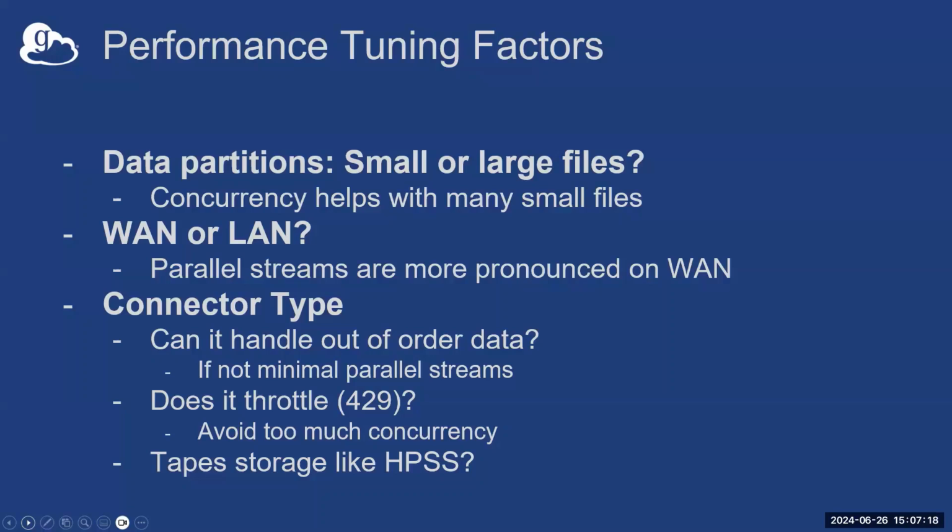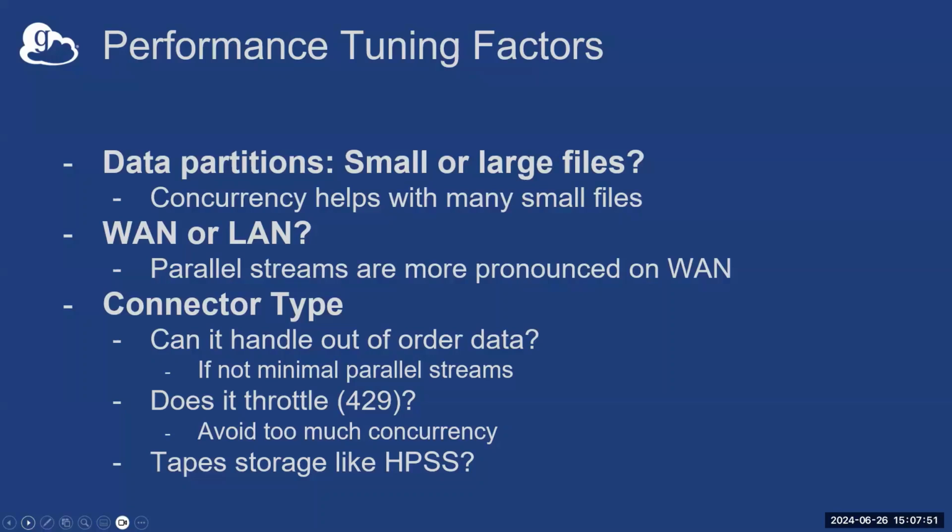Another is, does the storage system throttle you back? An example, let's take S3 versus Google Drive. In S3, if you're going to do like a concurrency of 128, something fairly large like that, Amazon's going to happily accept all of your connections and charge you for them, and you can send all of those at the same time without much of a problem. Something like Google Drive, you're going to try to make 128 connections, and I'm not sure this is the correct number, but let's say after 8, it says, hey, the same user just keeps connecting.